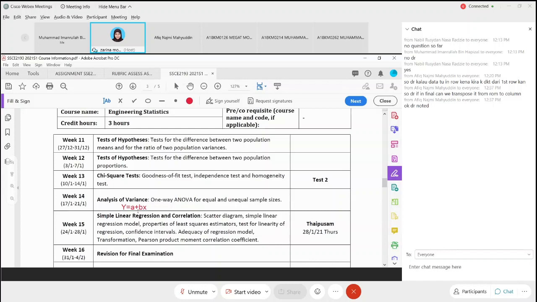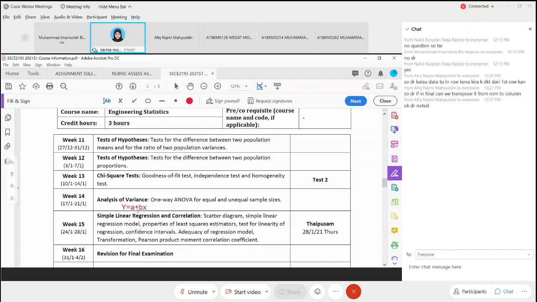For example, you want to predict the y value for a certain x value. So from there you know which one is x, which one is y. Before you insert your data, before you use your calculator, make sure you identify the data correctly.